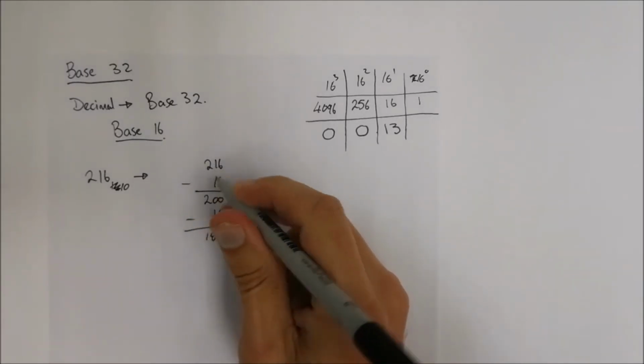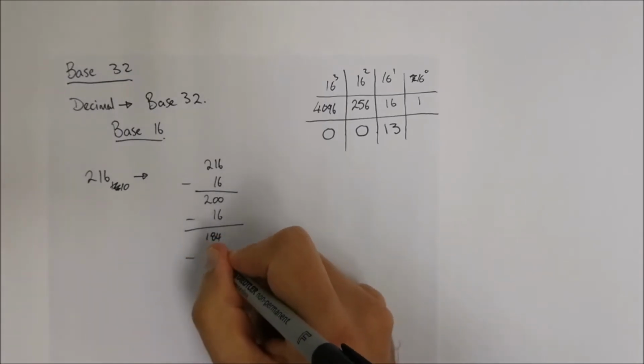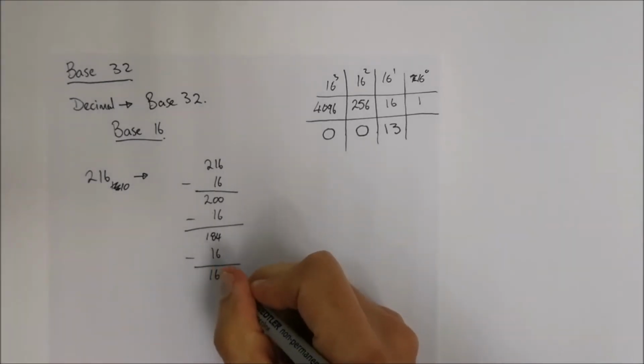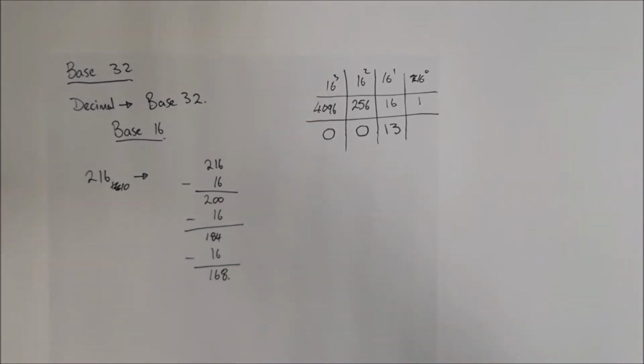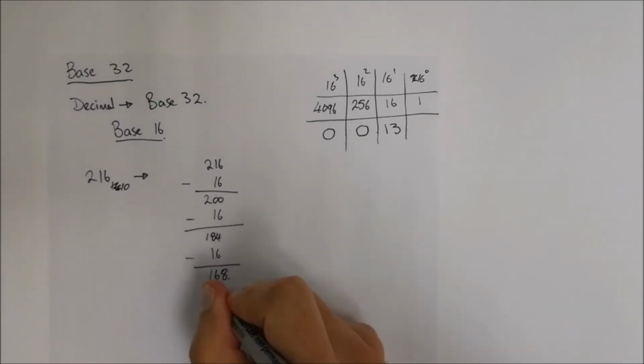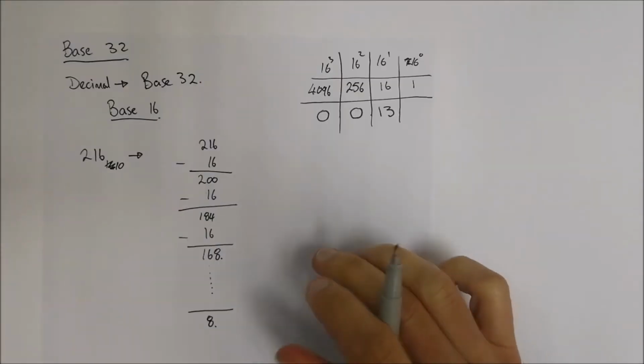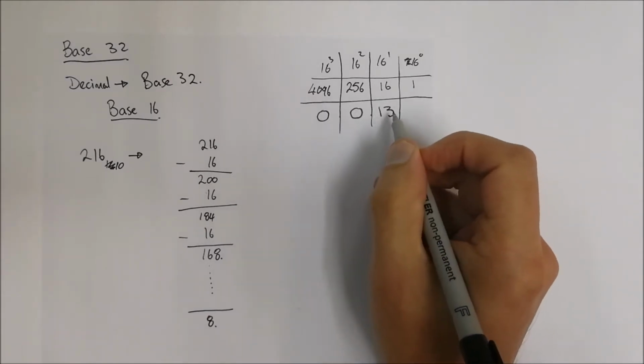And we're going to keep on doing this, subtracting 16 13 times, until we've done it 13 times. So eventually, we're going to be left with the answer of looking at what 13 times 16 is, equal to 208, minus 216. We're going to continue this process until we are left with a value of 8. Okay, so we know it goes in 13 times over there.